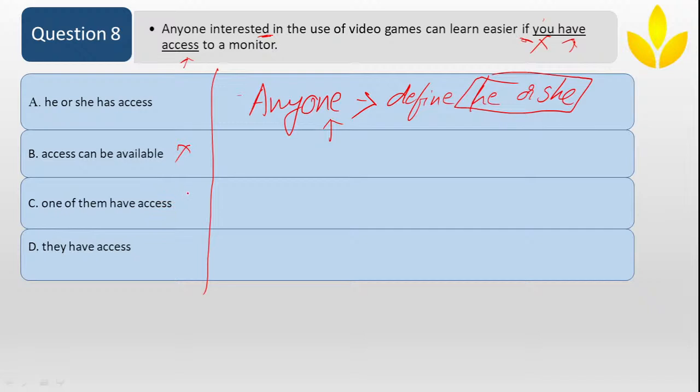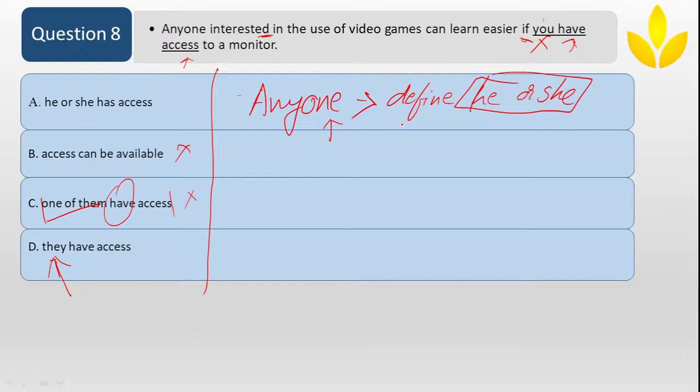One of them have access. No, one of them should have or has. You have to think about singular plural here. They have access. So they are interested in the use of video games. They are interested in the use of video games can learn easier if they have, it is okay, but anyone cannot be changed into if they have access.